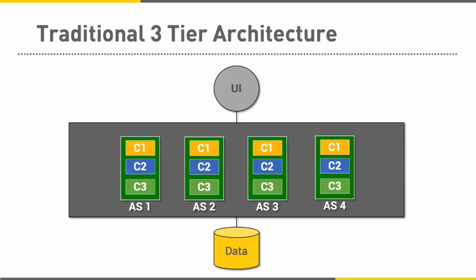We have to scale the application server, and if the application server is running more than one component, each of those components will also scale. So it doesn't give us a very selective scaling ability, and the unit of deployment is always at the virtual machine or the application server level. So this is becoming a big challenge because we cannot selectively scale the actual components or services that are responsible for handling the traffic or the requests.